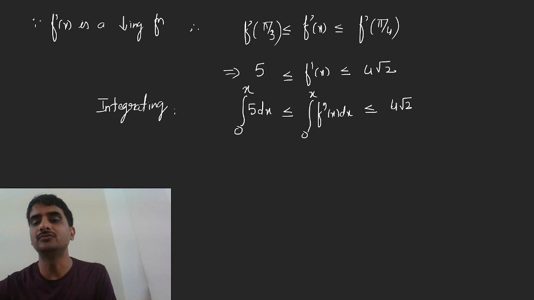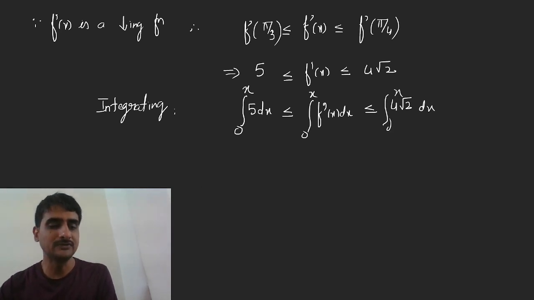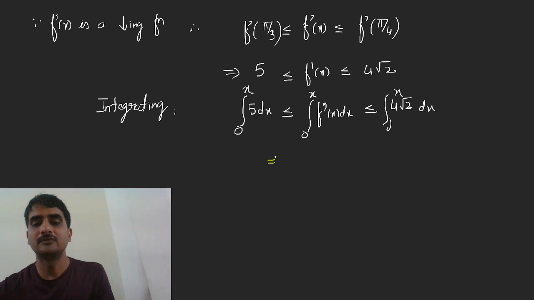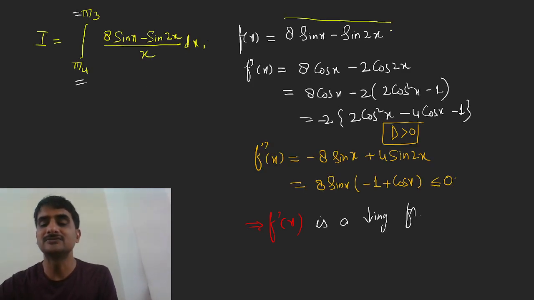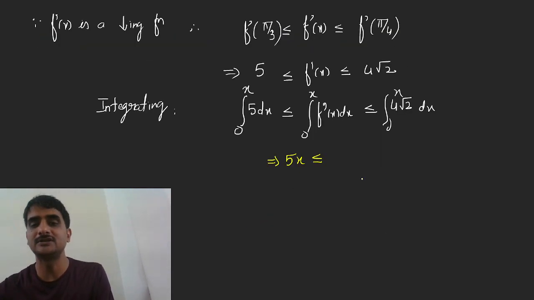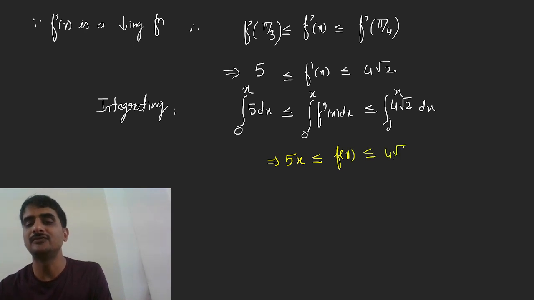So 4 root 2 integral from 0 to x dx. So what does that give us? That gives us 5x is less than or equal to f x minus f 0. Now our f x is this, so f 0 is 0 coincidentally, so this remains as f x less than or equal to 4 root 2 x. Divide by x here. So 5 is less than or equal to f x by x, which is less than or equal to 4 root 2.